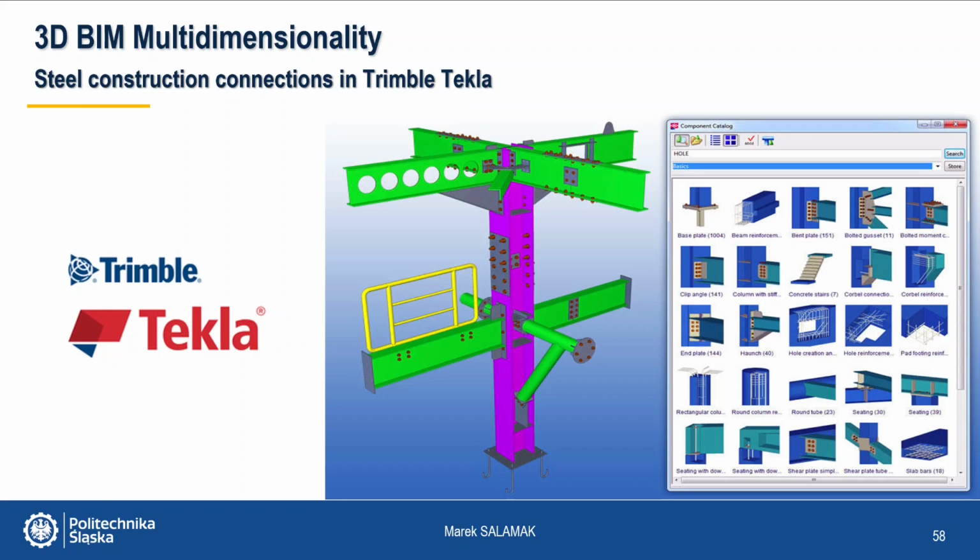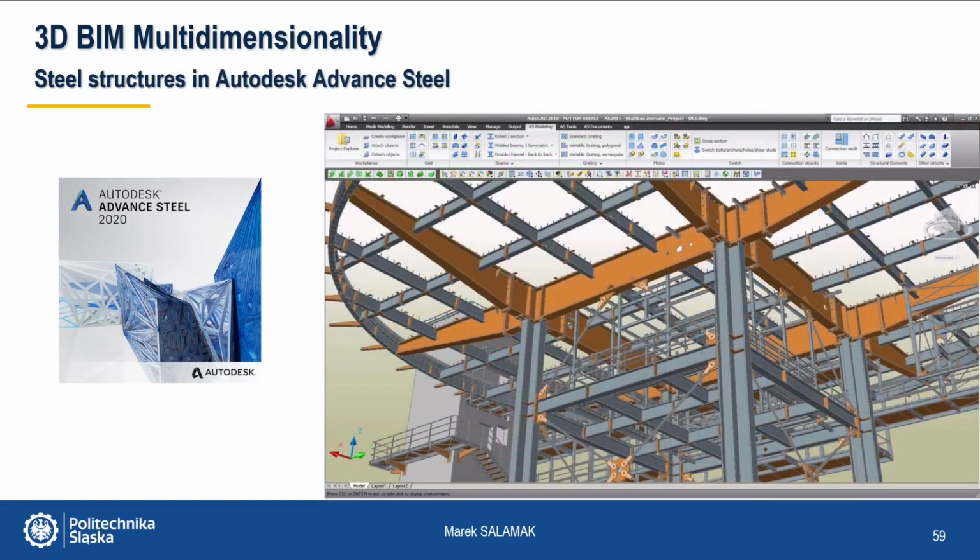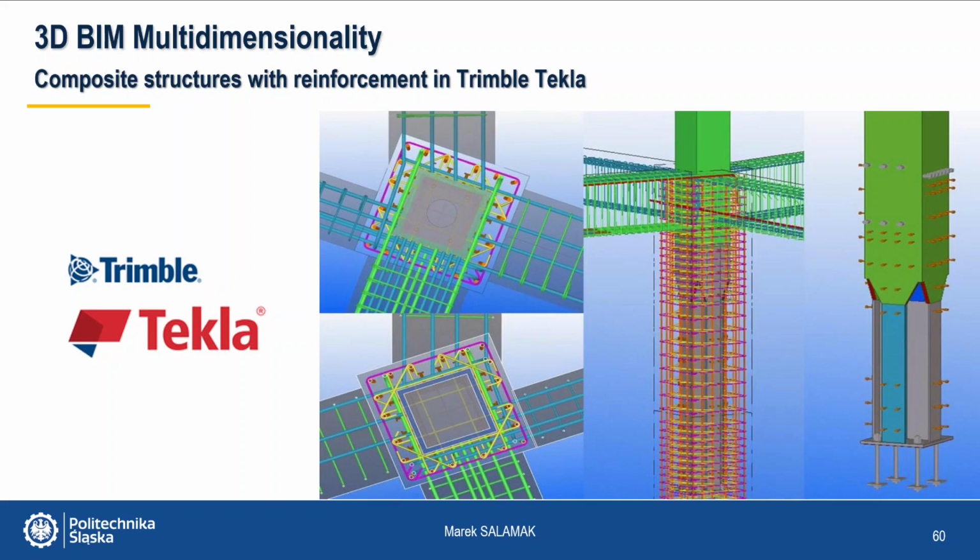Here we see examples of steel element connections. In the Autodesk product group, there is a tool for modeling advanced steel structures. Tekla is able to integrate models of steel and reinforced concrete structure. Here's an example of a complex structure.